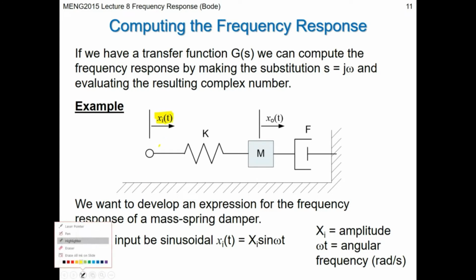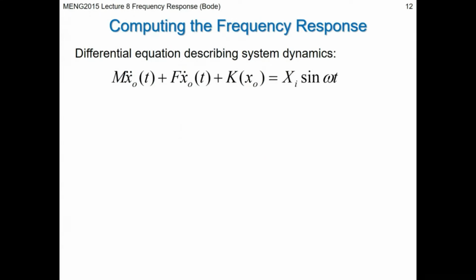Instead of just being a step or a position or a constant value, that is going to actually be sinusoidal. So now we are oscillating our system back and forth with a certain amplitude xi and with a certain frequency omega, right? So this is now the input function for our system, xi sine omega t.